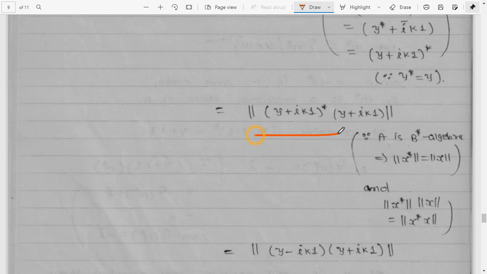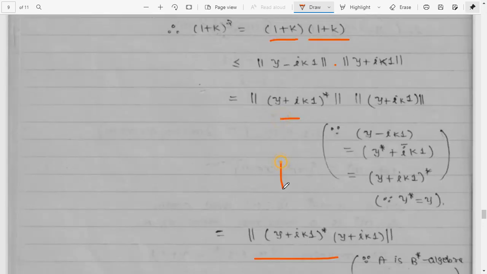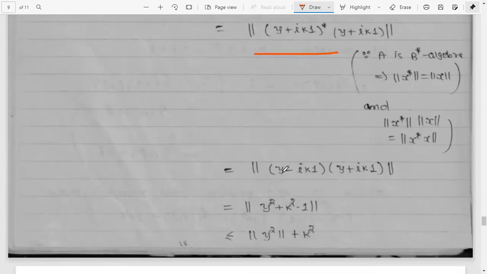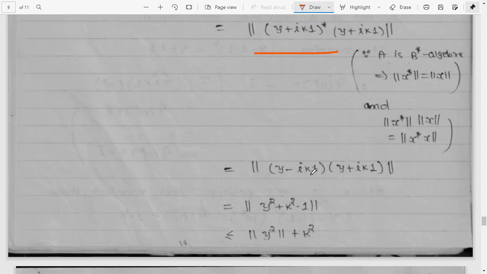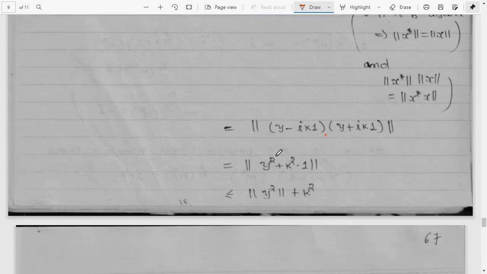So both are equal. So norm of y plus ik·1 star into y plus ik·1 is equal to norm of y minus ik·1 into y plus ik·1, and simplifying this, it is equal to norm of y square plus k square·1.